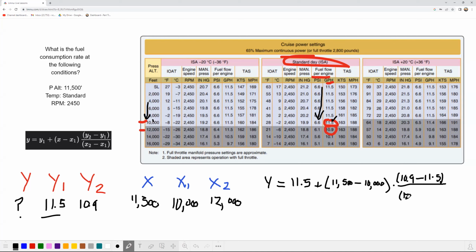X2 is 12,000, and X1 is 10,000. So now we filled in our equation.